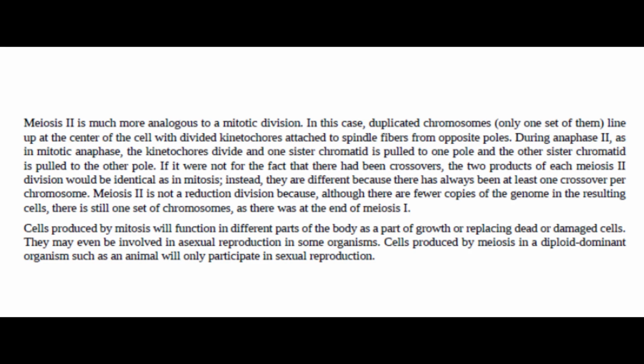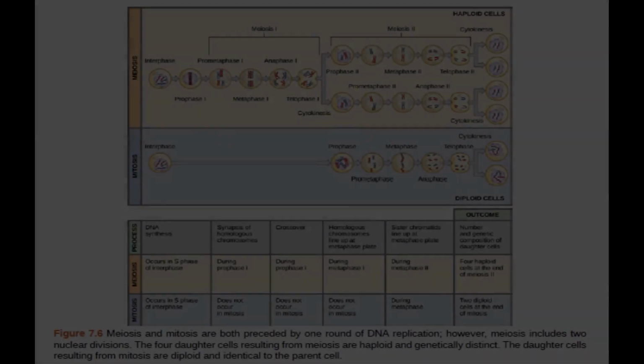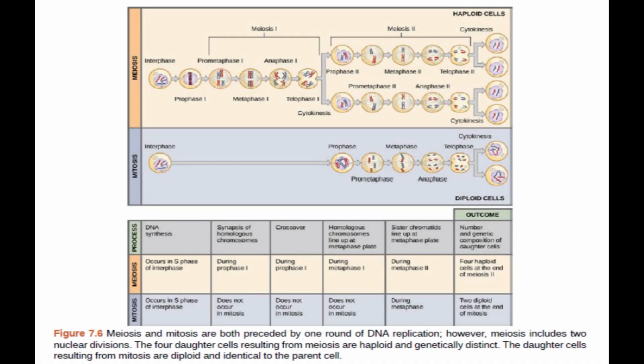Cells produced by mitosis will function in different parts of the body as a part of growth or replacing dead or damaged cells. They may even be involved in asexual reproduction in some organisms. Cells produced by meiosis in a diploid dominant organism, such as an animal, will only participate in sexual reproduction. Figure 7.6.